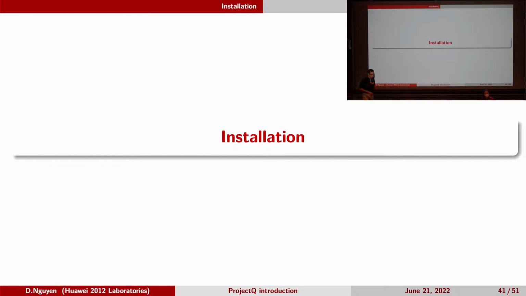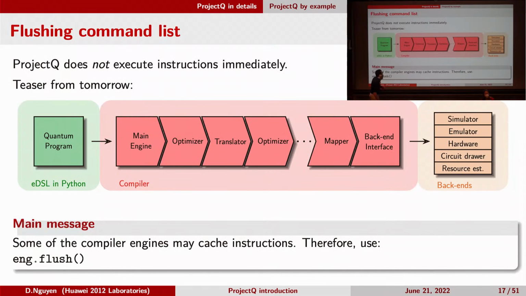The other thing I haven't talked much about is what Project Q actually does: it takes the commands that you're sending and passes them through a list of compiler engines that are doing various operations on those instructions. So you might say, I want to perform a CNOT operation or Toffoli operation on some qubits.